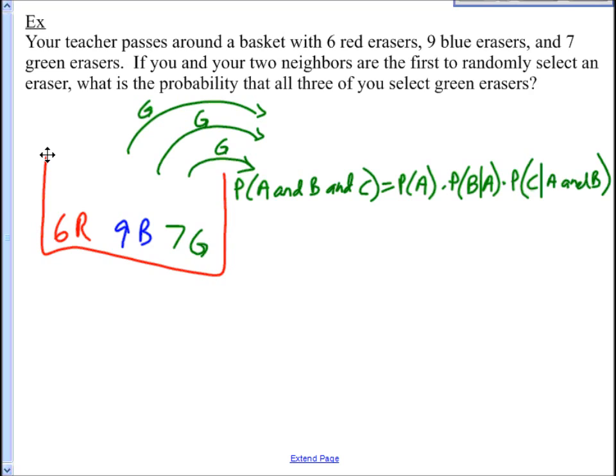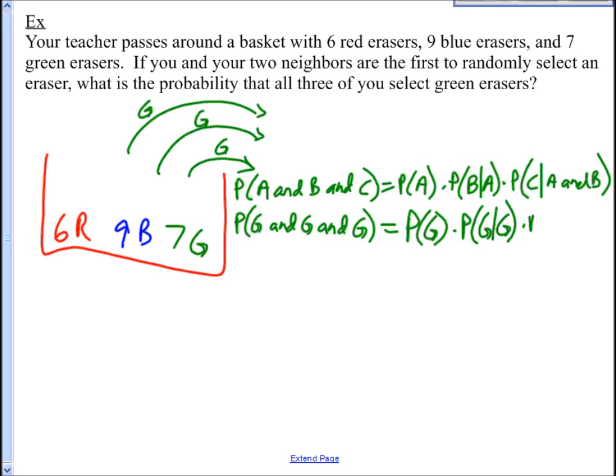So, here we go. Probability that you have a green and a green and a green. Probability of the green times probability of the green, given that you picked a green, times probability of the green, given that you got a green, and then another green. Okay?